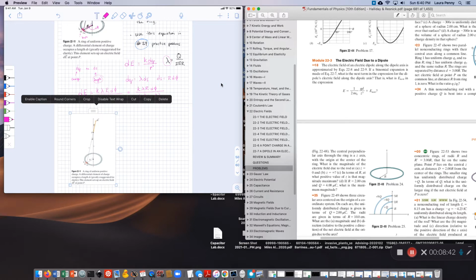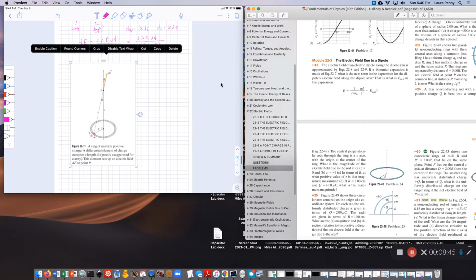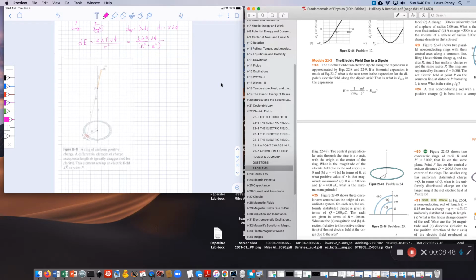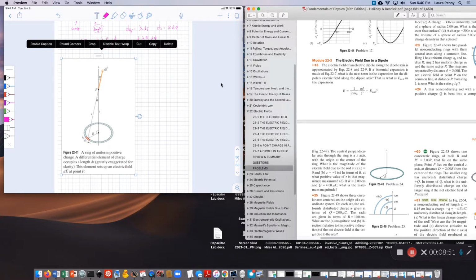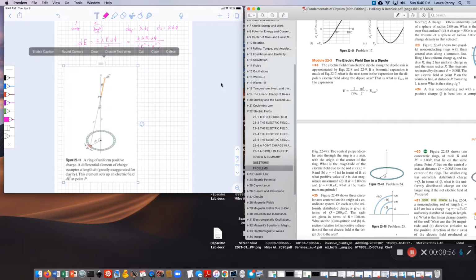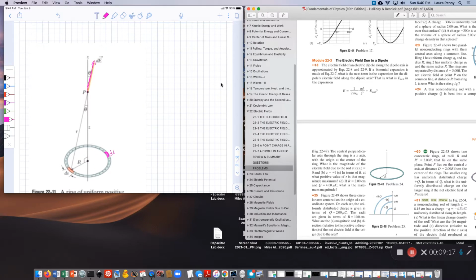So looking at this electric field that's being produced, we're just looking at this one dE, which is off at this angle, up in this direction. But if I also look at the ds over on this side, that's going to produce a dE going up on the opposite side. This will also be that same theta.